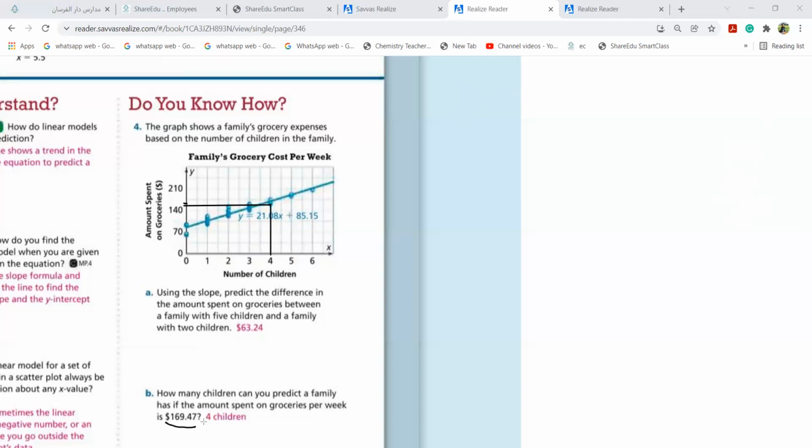Yes. Write 4 children here. You can exactly make it in the middle. Like this, girls. 4 children. Done?